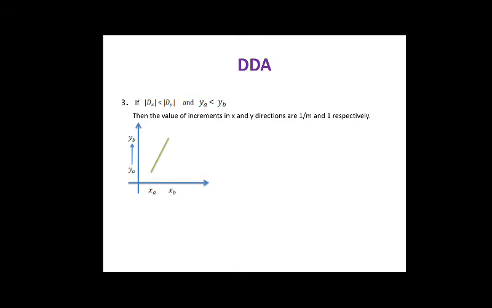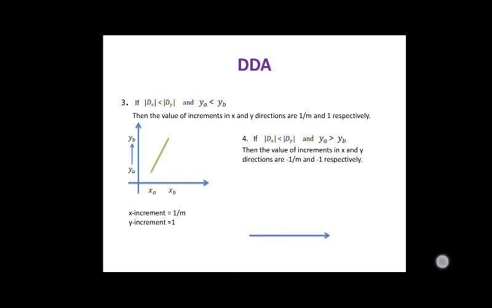As we have seen in the equation, x is changing by 1 by m, and y is incremented by 1. But whenever we are drawing the line from up to down, from yb to ya, in this downward direction, we are not incrementing, rather we are decrementing the values. In that case the x increment will be -1 by m and the y increment will be -1. But this kind of slope is a sharp or a steep slope.